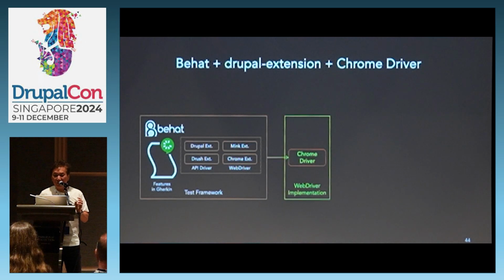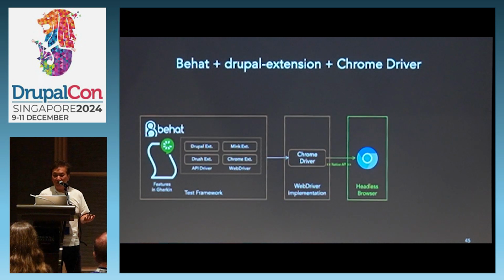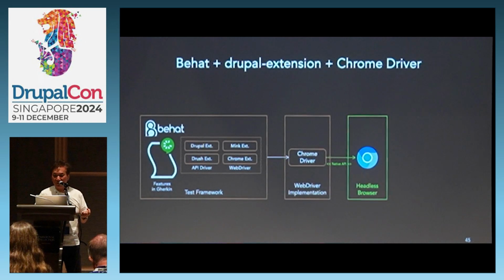The Behat command invokes web driver for Chromium web browser, and Chrome driver calls the native API of headless browser, which means a virtual browser without any GUI. So this headless browser is actually just a process on operating systems.